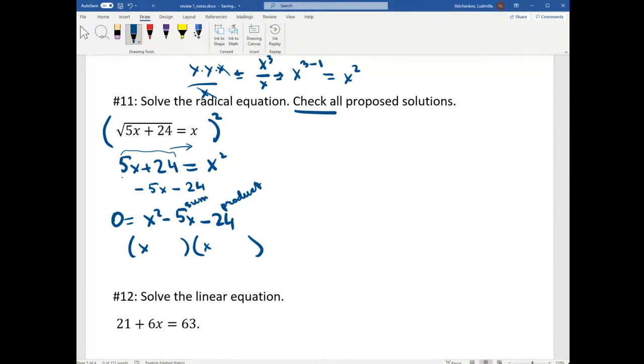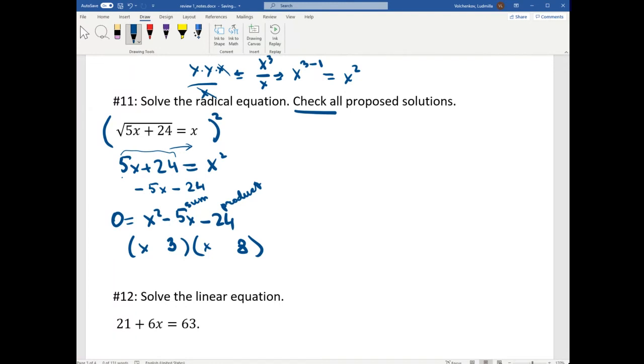So 24 has factors 2 and 12, 4 and 6, 3 and 8. And to get a sum or difference equal to negative 5, the best candidates are 3 and 8. So that the difference can be 5.